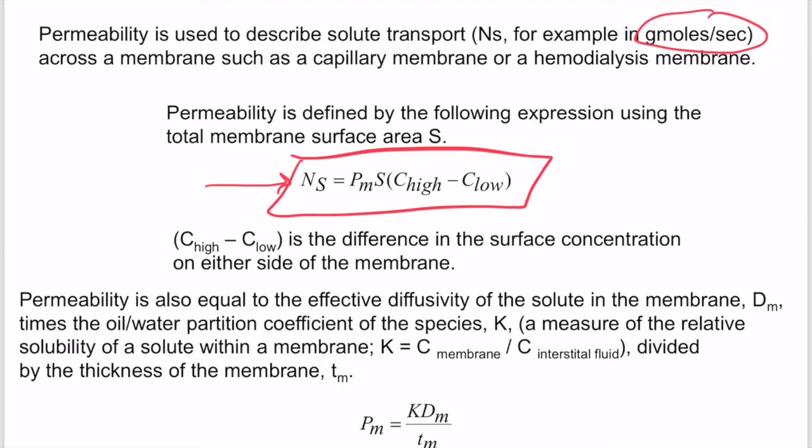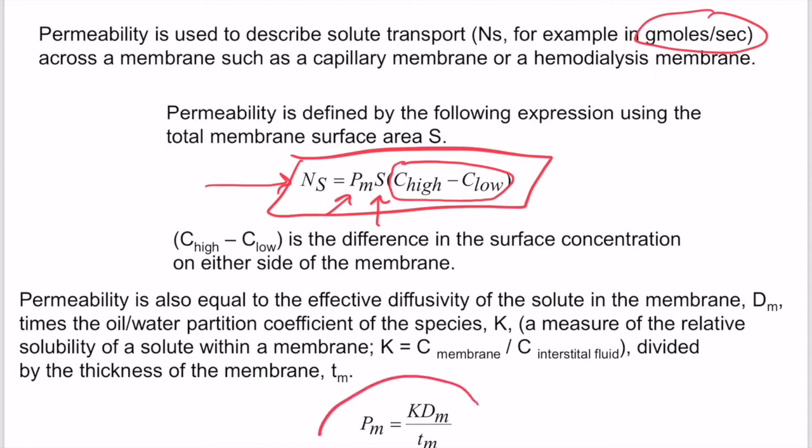It depends upon the difference between the inside and the outside. That makes sense. S is the surface area, making this a rate, not a flux. And then we're going to take all of the diffusivity and other terms and just plop it all together in something called the permeability.